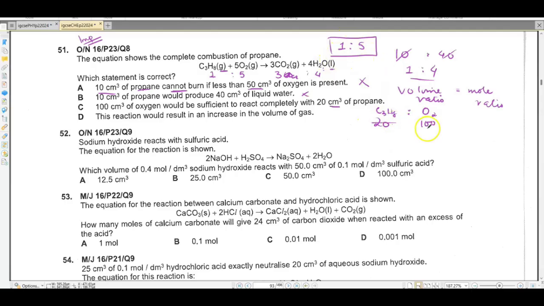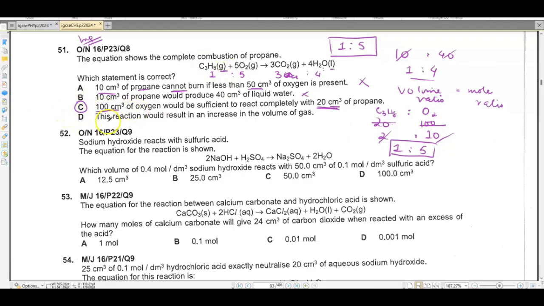If we cancel, 10 twos are 20 and 10 fives are 50, so we can achieve the 1:5 ratio with these specs. Because this is the ratio that we require for complete combustion, C is our correct option.